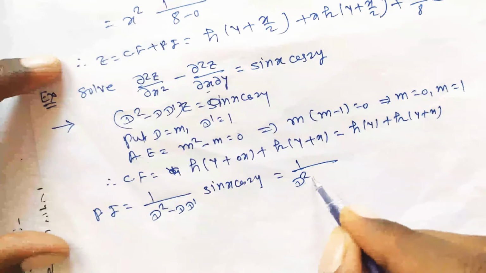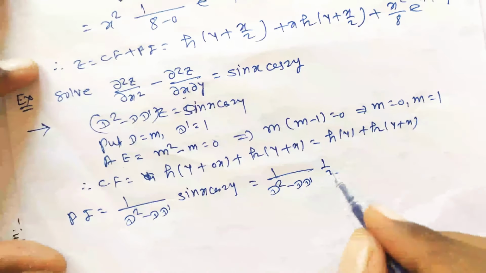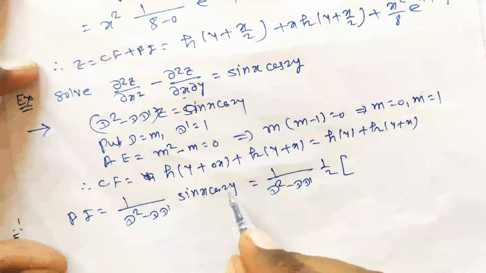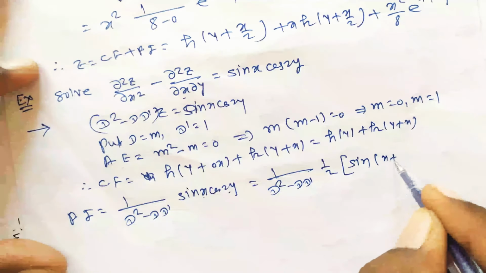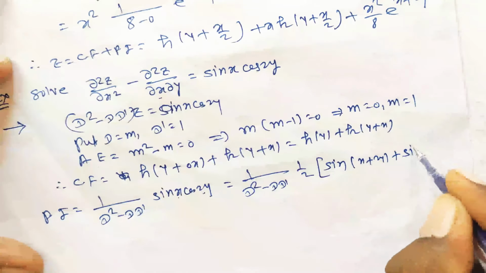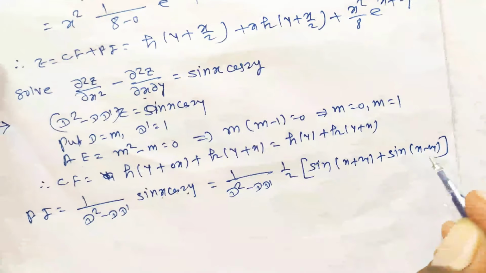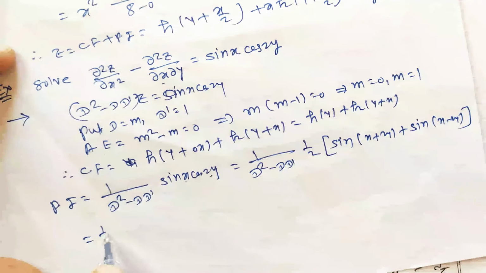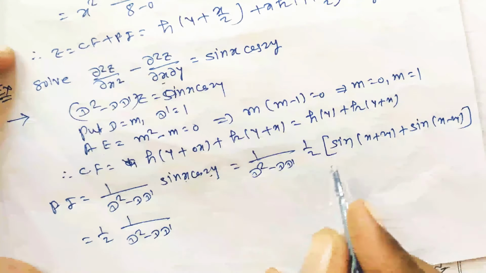We know that sin a cos b is 1/2 times sin of a plus b, where a is x and b is 2y. So 1/2 times sin of x plus 2y plus sin of a minus b, that is plus sin of x minus 2y. Now this 1/2 we can take outside, into 1 upon D square minus D dash.